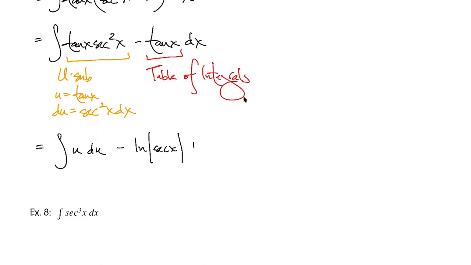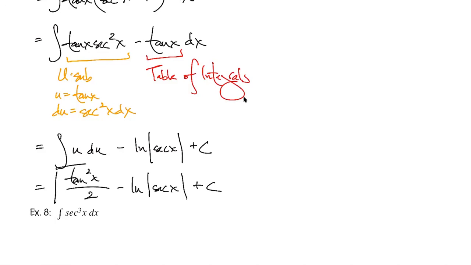I'll show you the other form in just a little bit. But our integral of u is just going to be u squared over 2. I'm using the power rule, and I'm going to put my tangent right in there. So tangent squared x over 2 minus natural log of secant x plus c. So this is one version of your answer.